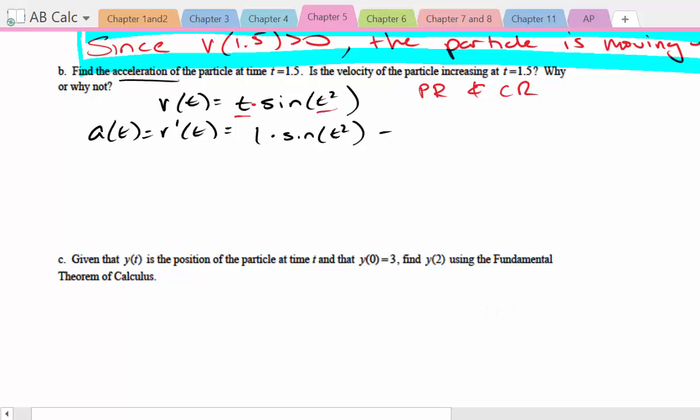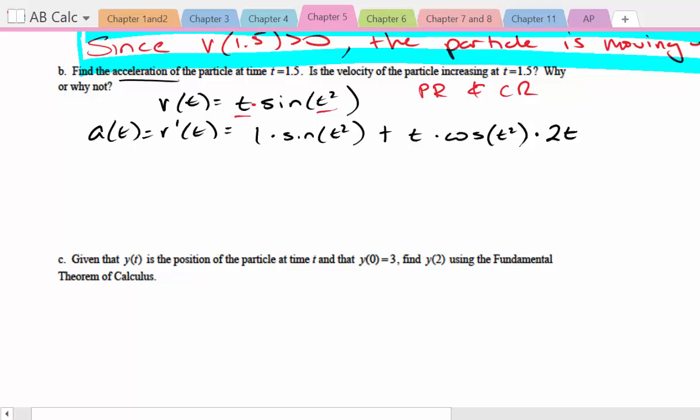Plus, now keep t the same, and take the derivative of sine of t squared. The derivative of sine, we know, is cosine. Keep the inside the same, and multiply that by the derivative of the inside. I don't need to clean this up.